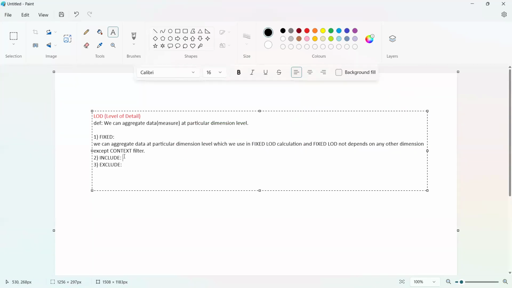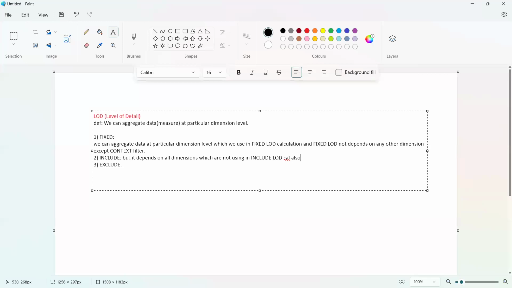And include LOD is also similar to the fixed LOD, but it depends on all dimension filters, and all dimensions which are not used in the include LOD calculation also.